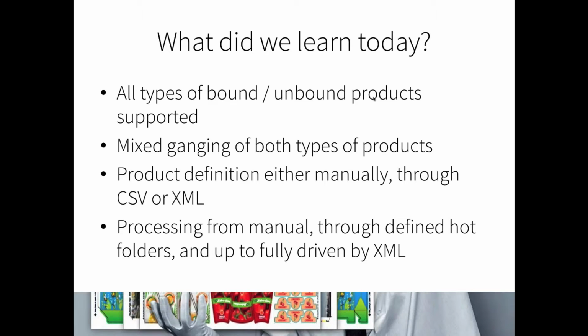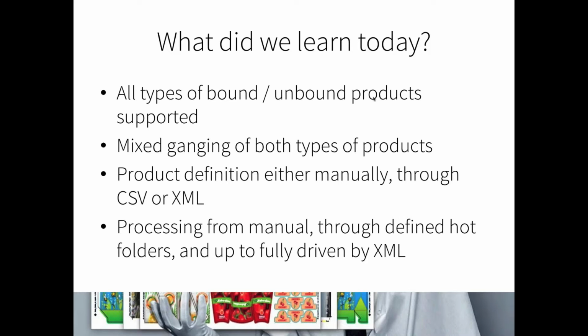And we basically started with a very manual process to show that products can be defined manually, but we very quickly went to a situation where you use a CSV file to define components and then do the ganging, to a situation where you have an XML file that defines the components that have to be ganged.